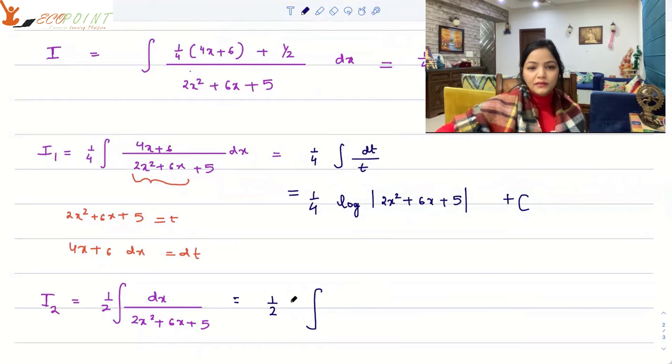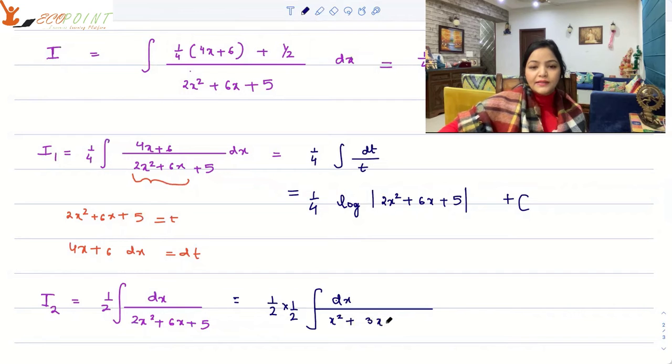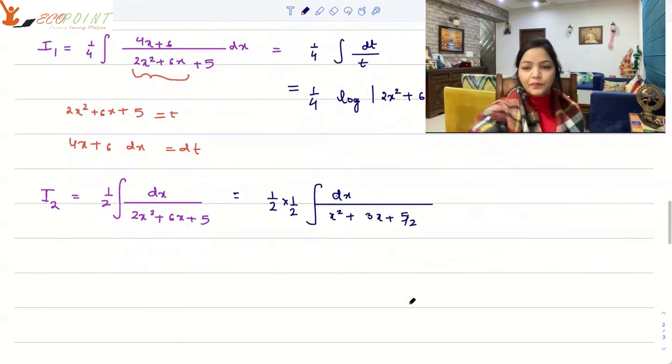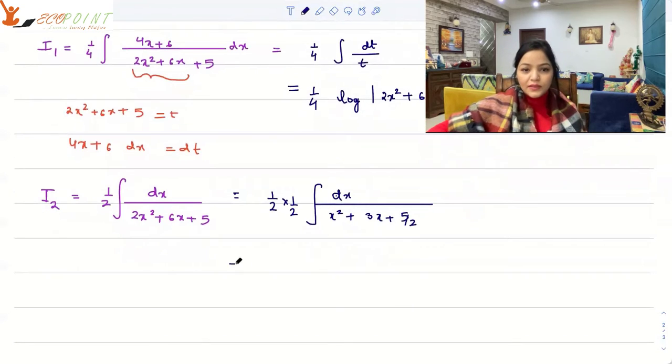Let's take 2 common. So I will take half here. This becomes dx upon x square plus 3x plus 5 by 2, right?